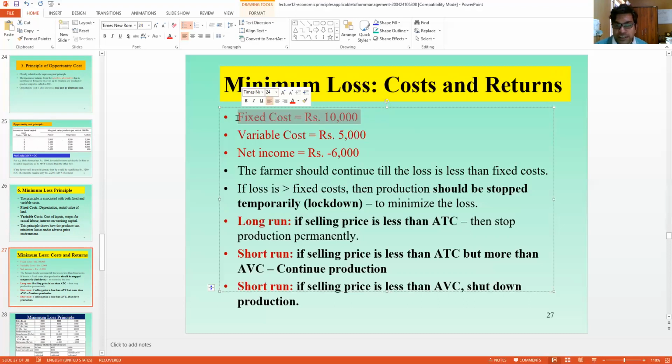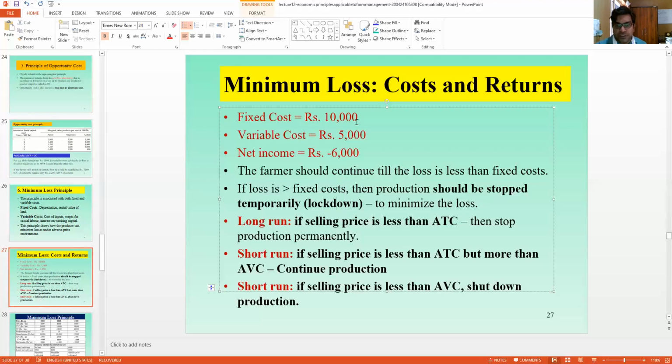Here in this case, the loss is going to be what? It is minus 6,000, right? The loss is going to be less. Minus 6,000, and here the fixed cost is 10,000. So loss is less than fixed cost. So if the loss is less than fixed cost, the farmer can stop his production temporarily, not altogether.